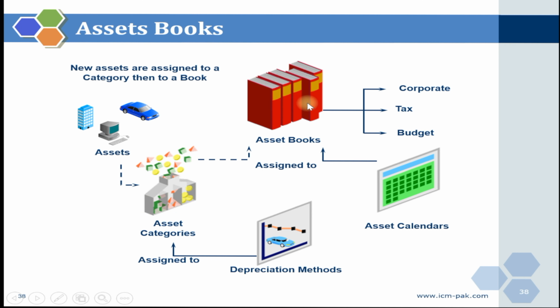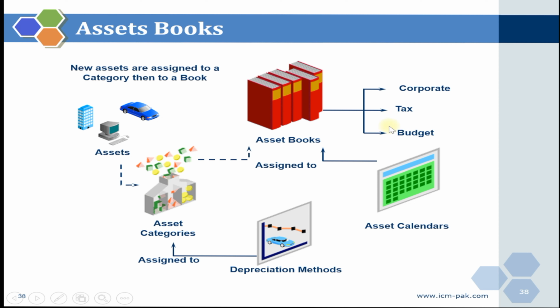Now whenever you are working on the assets, you will define the asset books. For example, if you have multiple companies, you can define asset books, one for each company. An asset book can be either a corporate asset book, a taxation asset book, or a budget asset book.